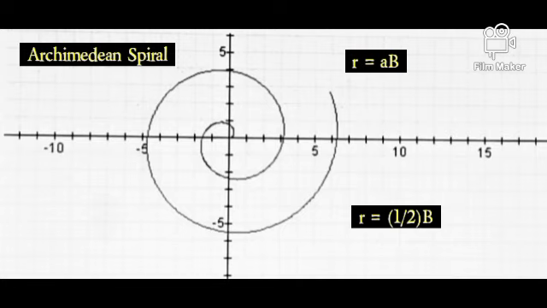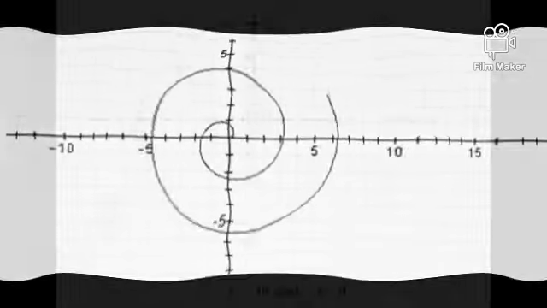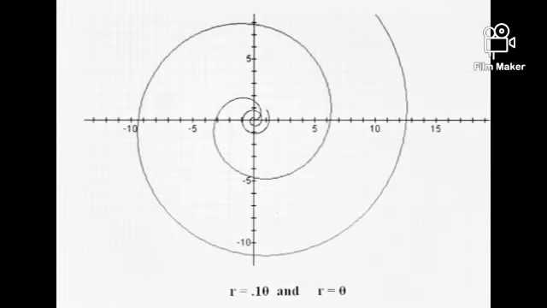This particular Archimedean spiral shown in the graph has polar equation r equals 1/2 b, where a is 1/2 and b is the angle in radian measure. There are two Archimedean spirals shown in this graph.